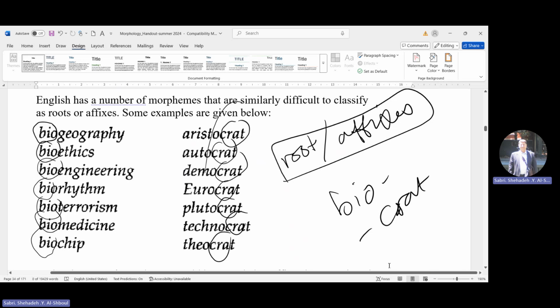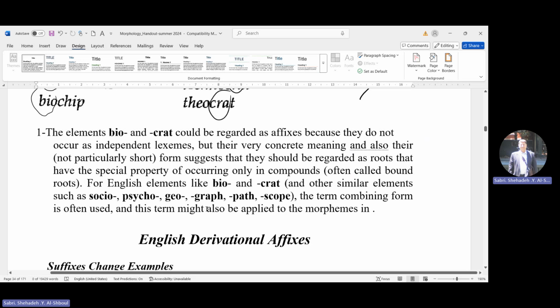Is it a root because it is meaningful, it has full meaning, full logical features? It is a root, but unluckily, it is always bound. It cannot stand by itself. So it is a kind of affix. So it is a really problematic issue.